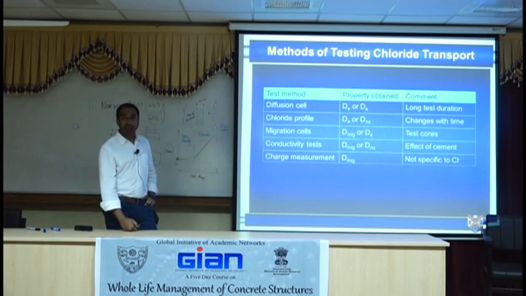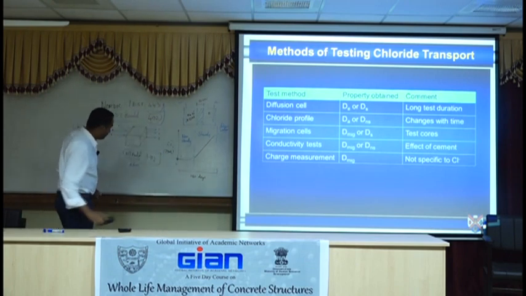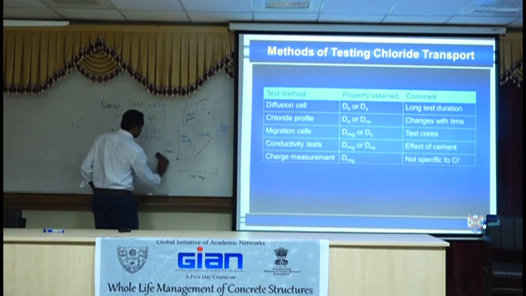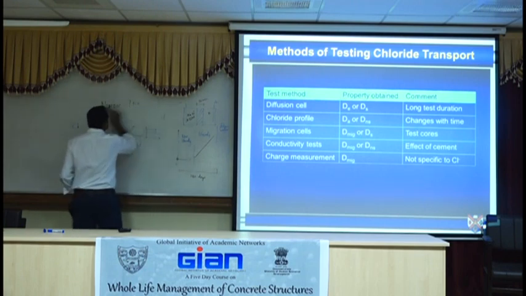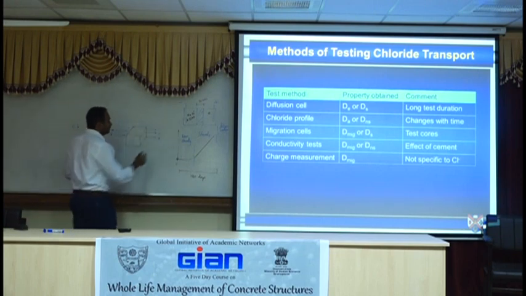Any questions? So, what is the difference between chloride threshold and the chloride binding capacity? Okay. So let's go back to the model here.